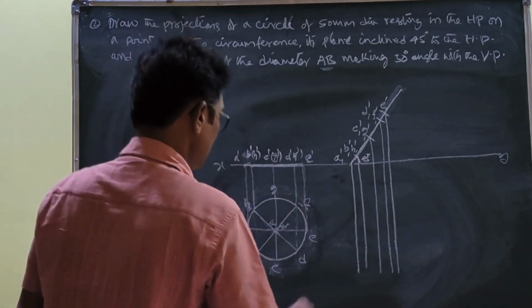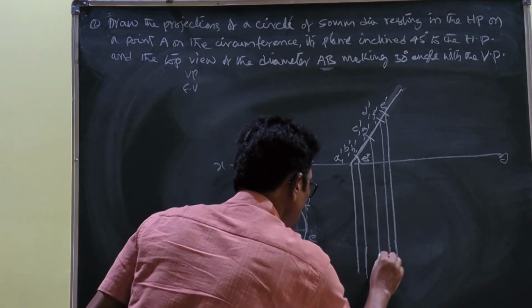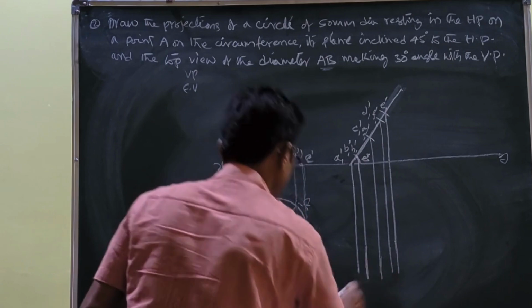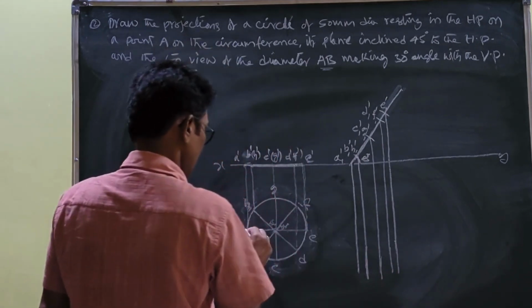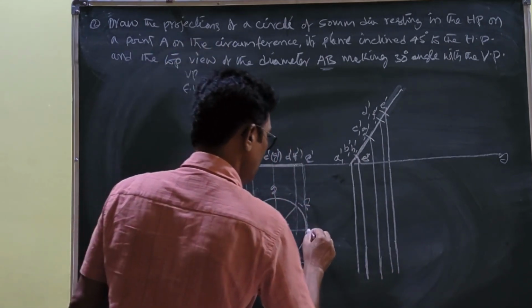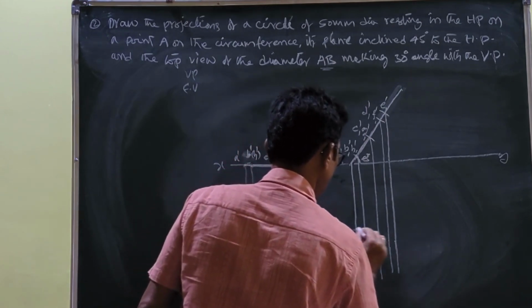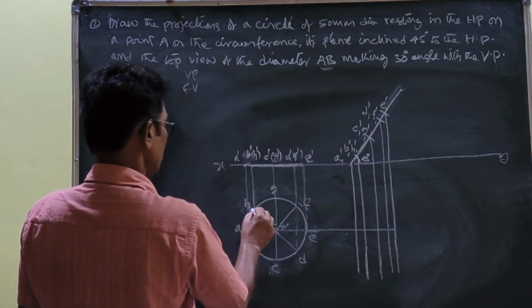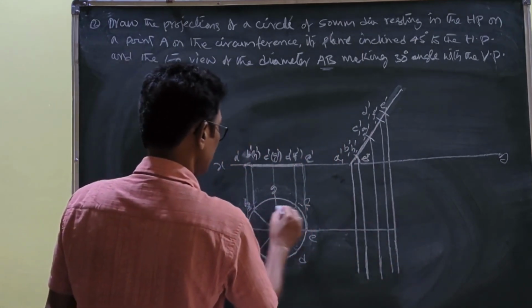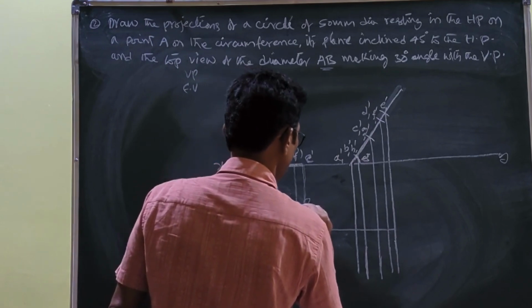Once you draw the projectors like this, again here A and E passing through the same line, you draw the projector in horizontal manner, parallel to XY. H and F passing through the same line, you draw the projector in horizontal.